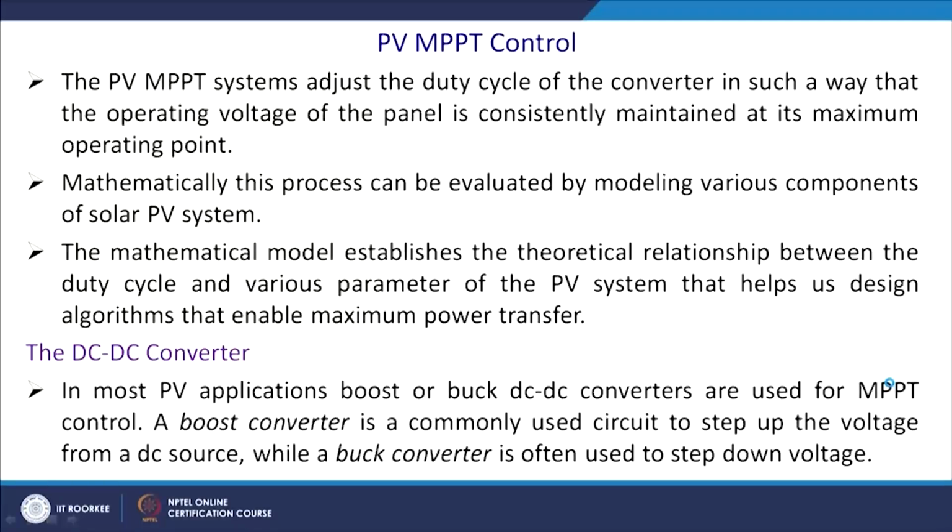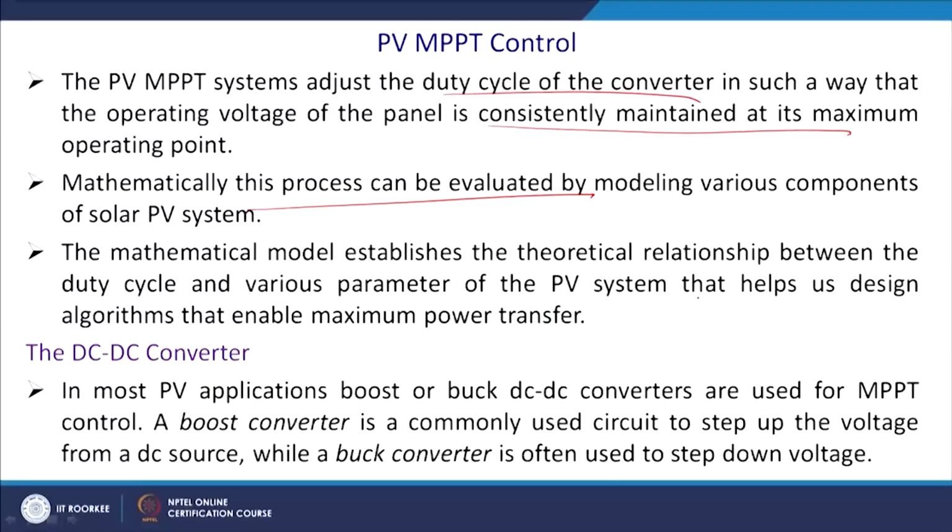The MPPT system, PV solar MPPT, we have seen the wind MPPT, now it is a solar MPPT system, adjusts the duty cycle of the converter in such a way that the operating voltage of the panel is consistently maintained at its maximum operating point. The maximum operating point generally changes due to temperature and irradiation.